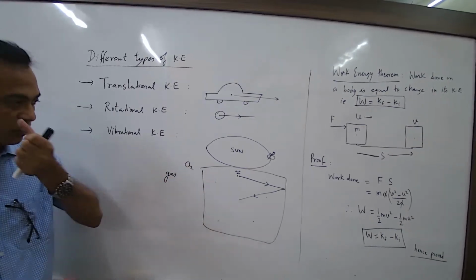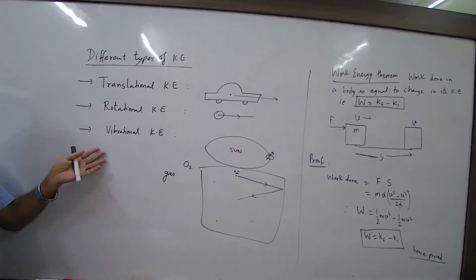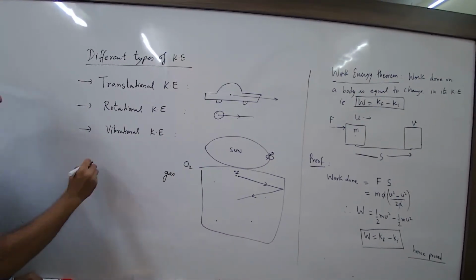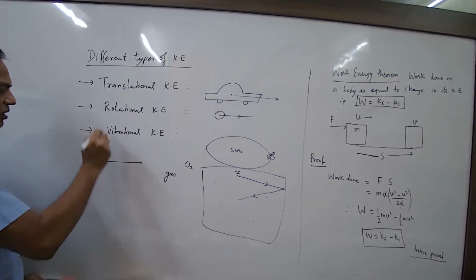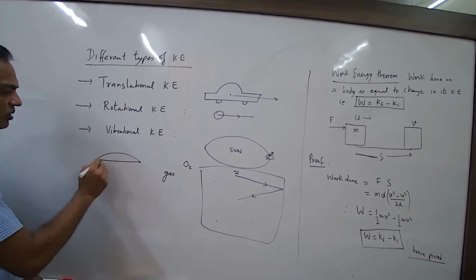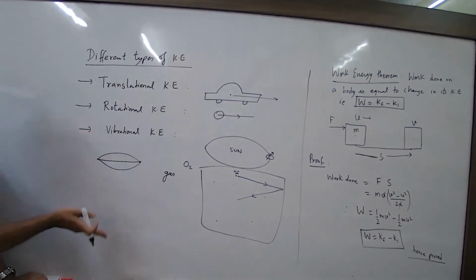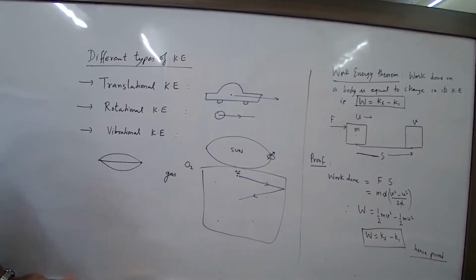Anyway, what you have to remember is vibrational kinetic energy is possessed by any body which is vibrating, like the string of the guitar. When it is still, and you pluck it, it will start vibrating at both ends. It has vibrational energy. It's the motion of the string, so it will have vibrational kinetic energy. Got it?